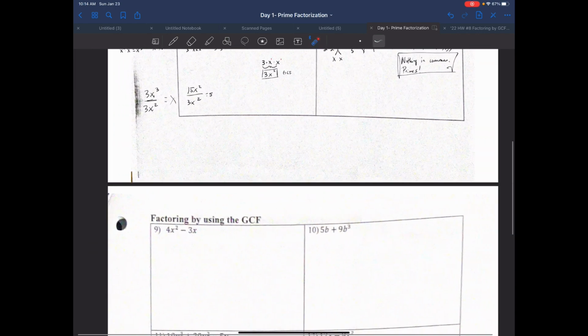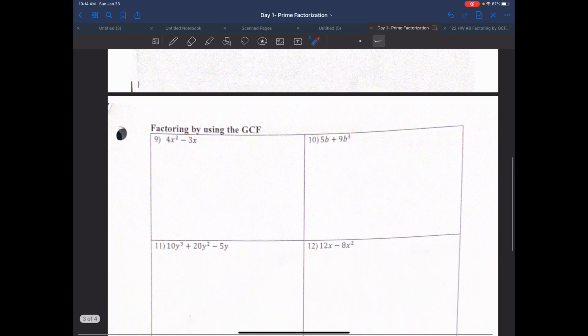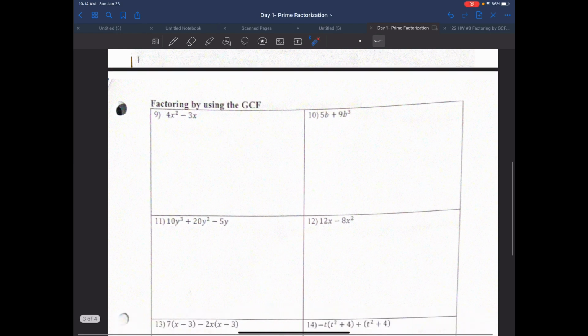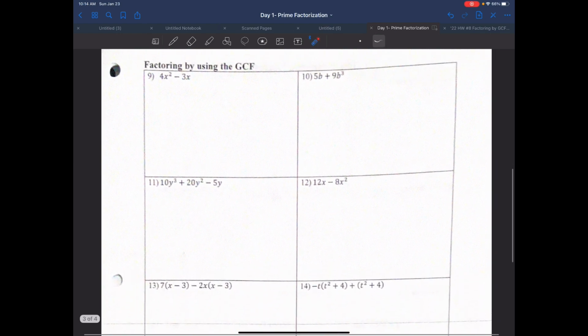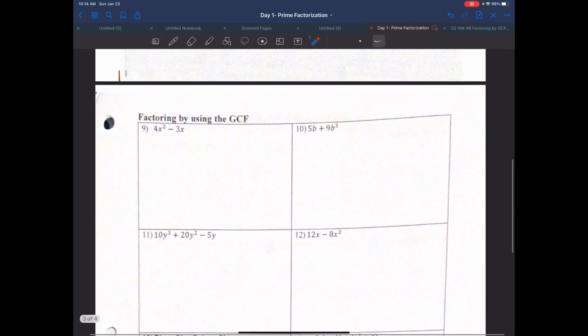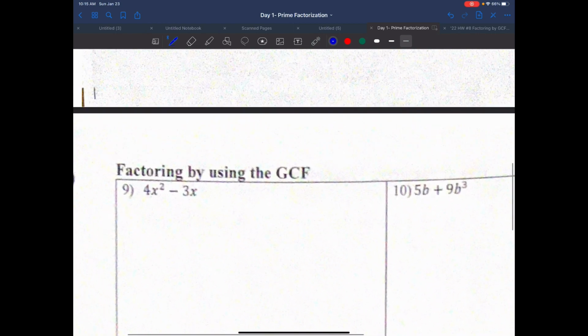Anyways, I'm going to go ahead and discuss the rest of the problems. We got some binomials here, we got some polynomials here, and before I discuss these problems, in the previous unit we were talking about distributing or multiplying a polynomial by a monomial or a polynomial by a polynomial.